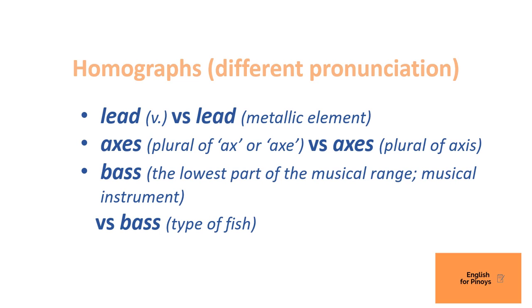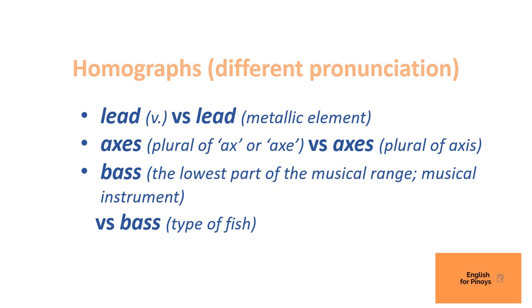First, it's the plural of ax with an e or without an e, and you pronounce it as axes. And then you have the plural of axis, and that's axes. Did you see the difference there? Did you hear the difference? So it's a long e sound. So you have axes, plural of ax, and then axes, plural of axis.